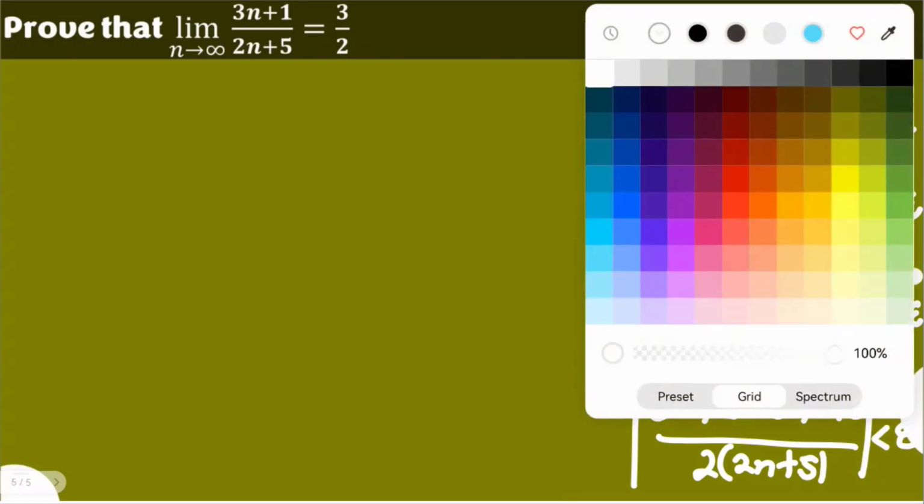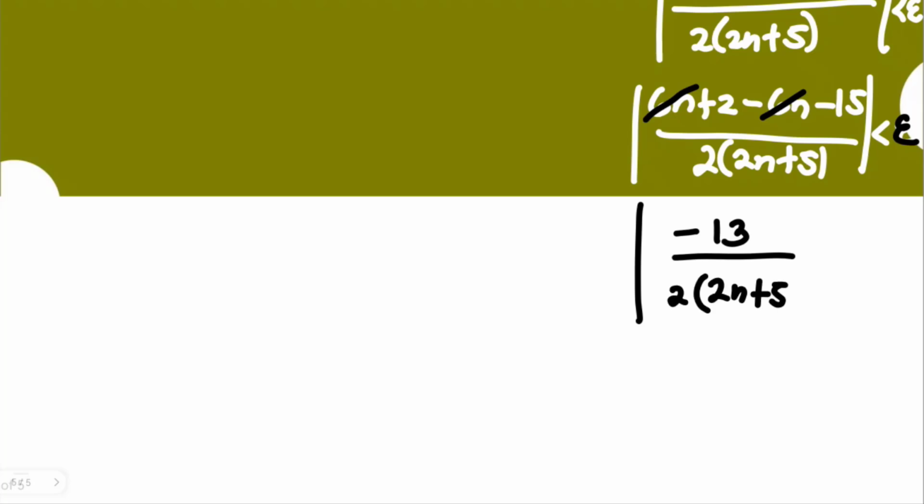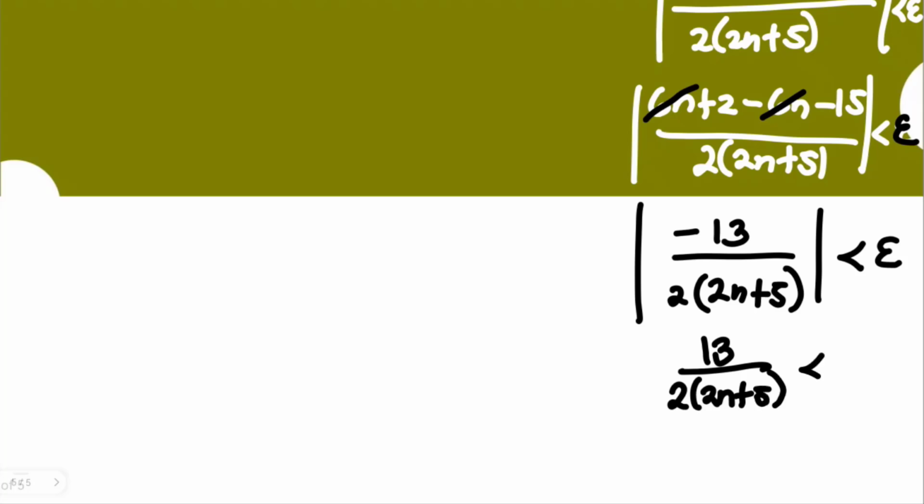Going further, let's leave the denominator as it is. This is negative 13 all over twice 2n plus 5, still less than epsilon. The absolute value of that is just positive 13 over 2 times 2n plus 5, less than epsilon.